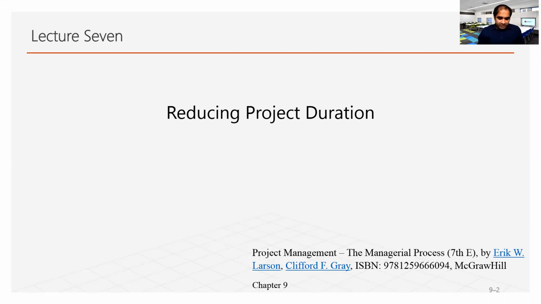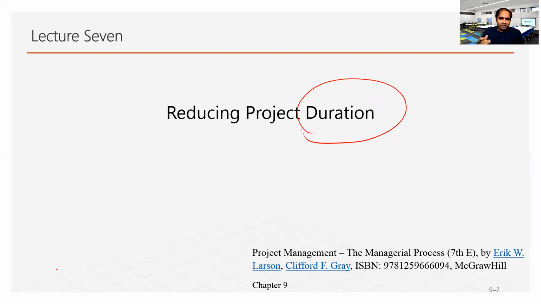From the lecture heading, you can see that it's all about the timing of the project. That means how we can reduce the overall duration of the project. But from lecture 6 and all the previous lectures, we got an idea that the project duration cannot be changed from the critical path.